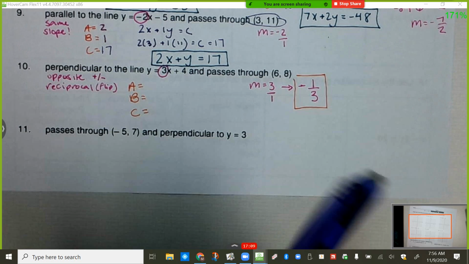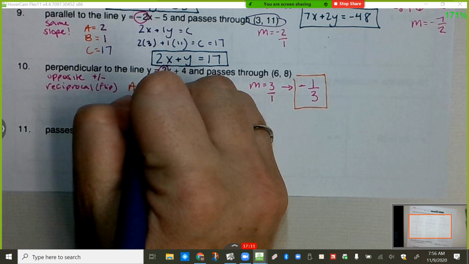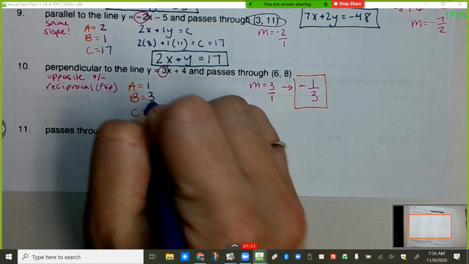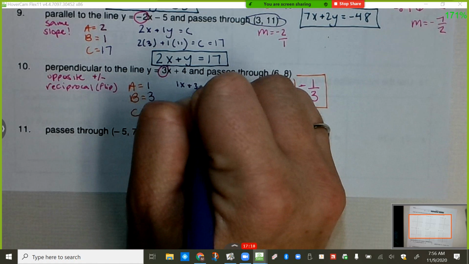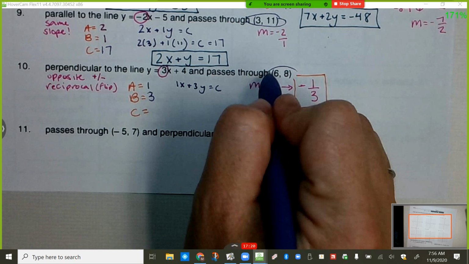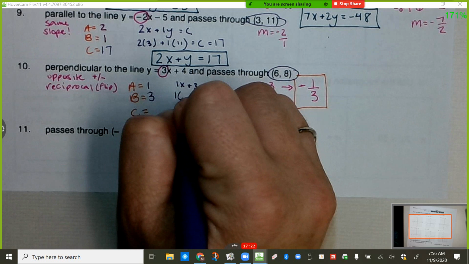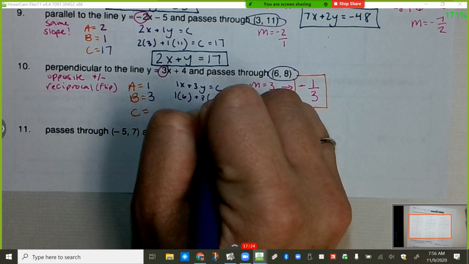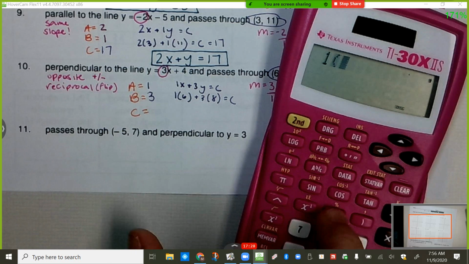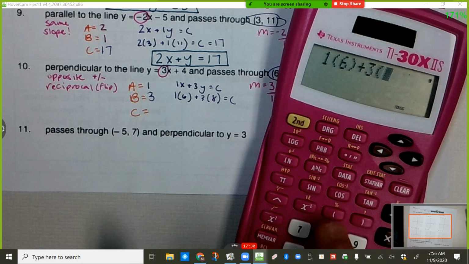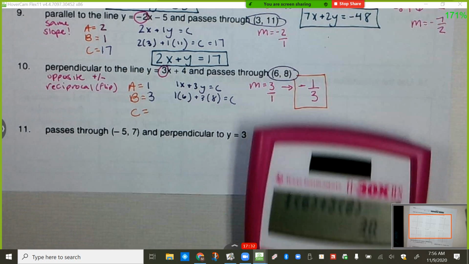So opposite of negative 1 is positive 1. B is 3. So I know 1x plus 3y equals c, and I know this point. So 1 times 6 plus 3 times 8 equals c. And that gives me 30.